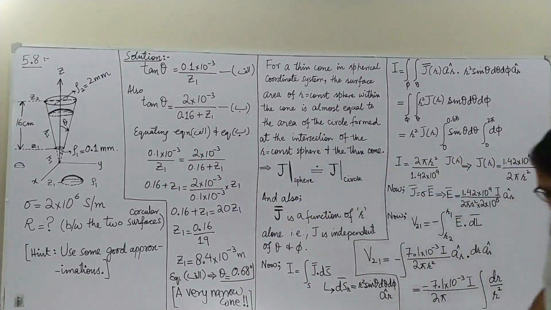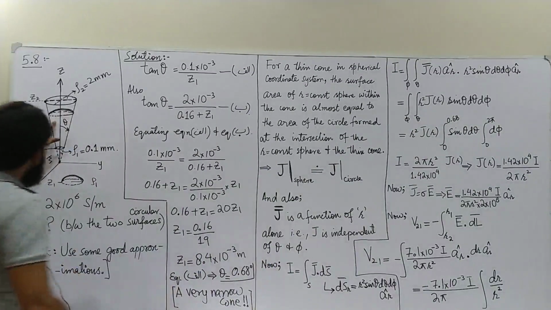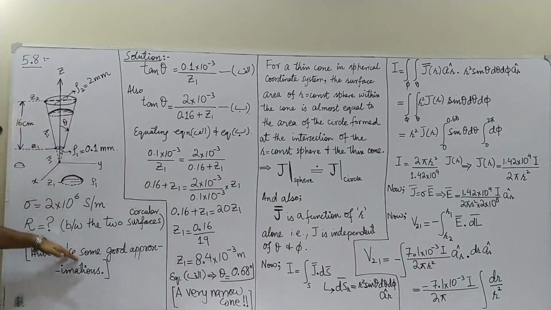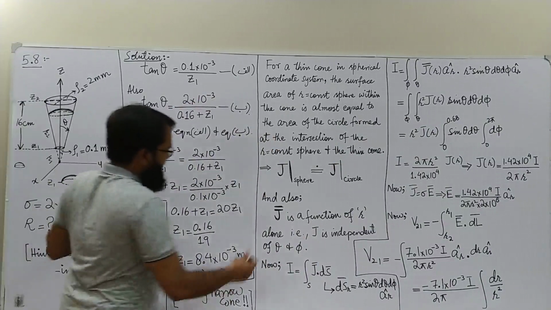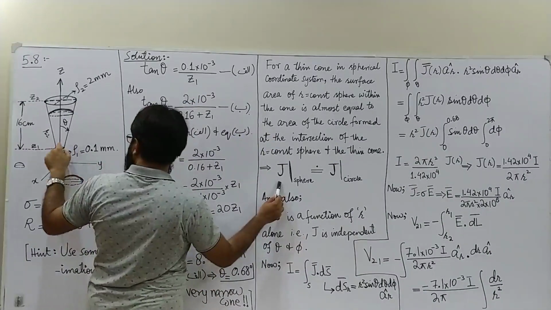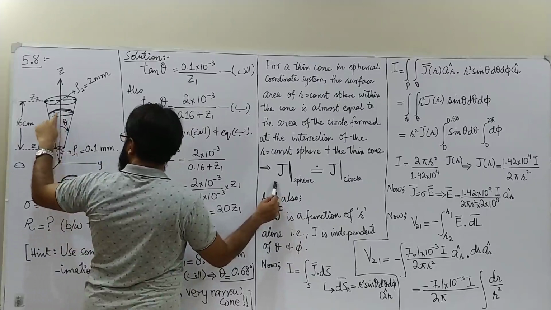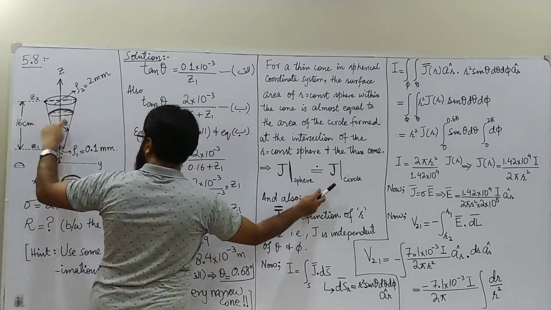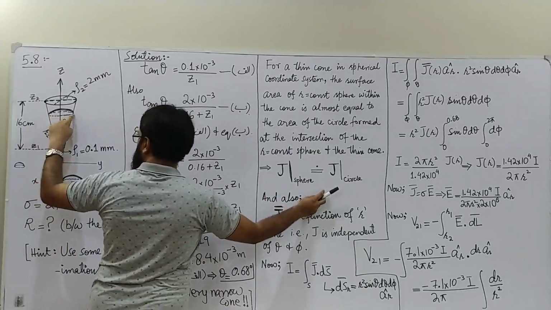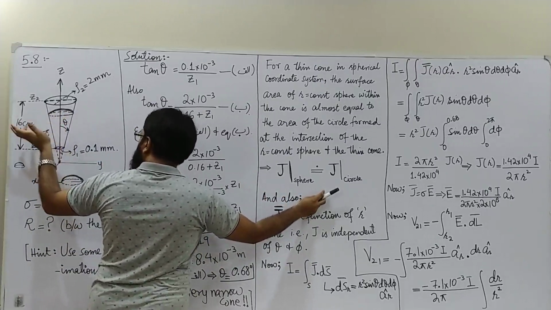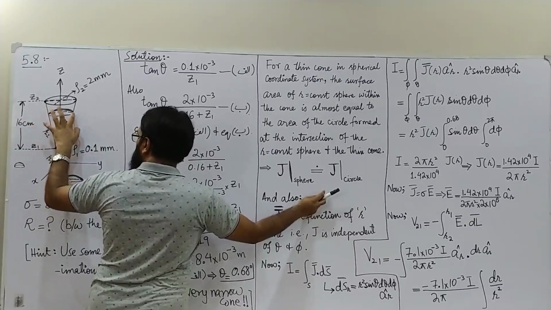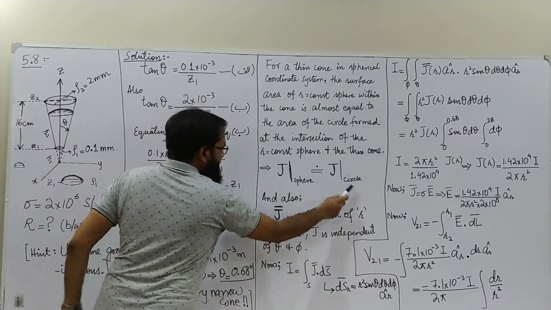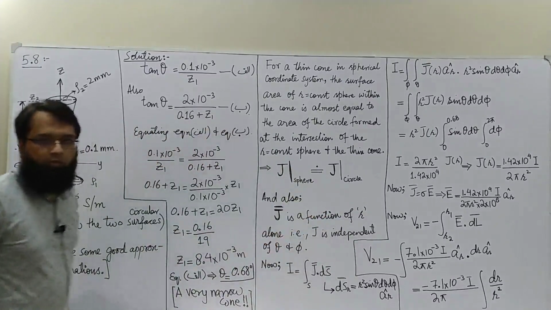So if we make this assumption, what would be the consequence? The consequence would be that the current density, whether you evaluate it at this circle, or if you try to be accurate and calculate the magnitude of the current density over the sphere, both will be approximately equal.